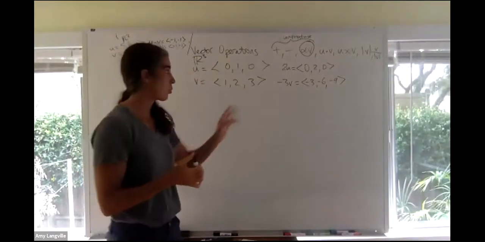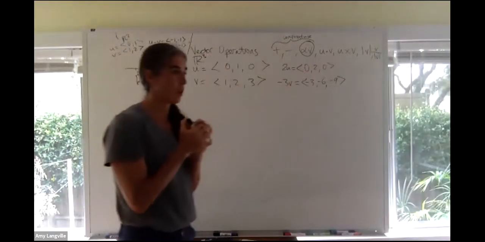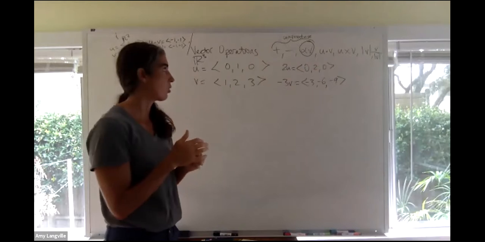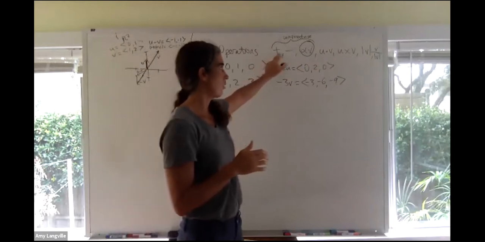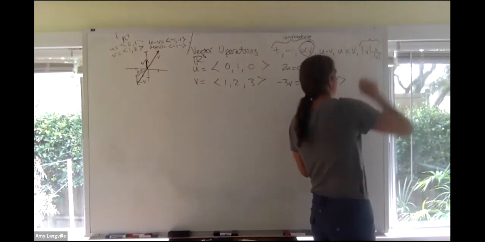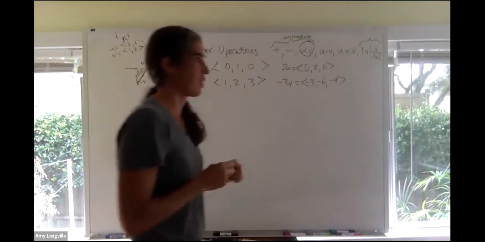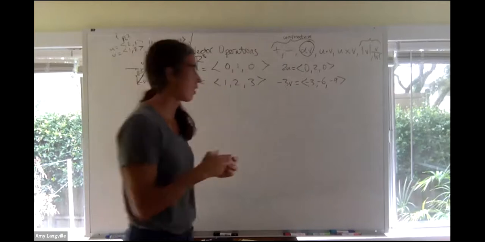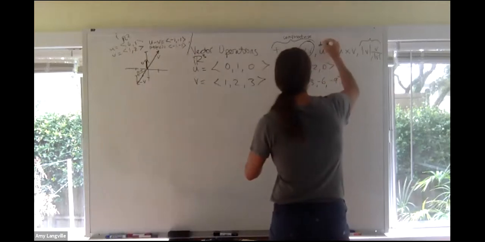Okay, let me add a couple more. I was going to go up to the dot product and cross product, but let me add a couple more. These last two are not component-wise, but we have seen them before, and they're a little bit simpler before we get on to our dot product and cross product.